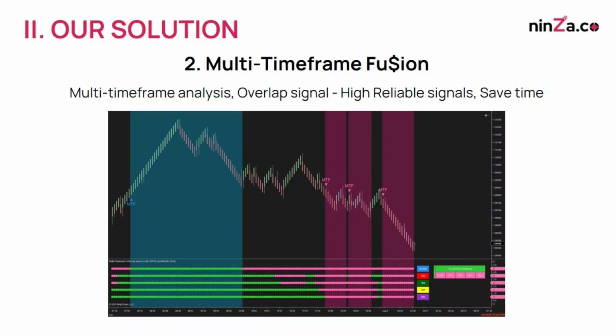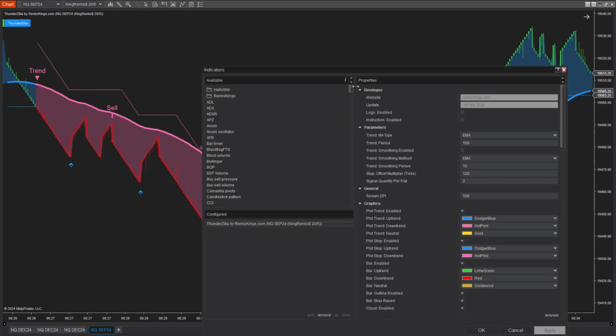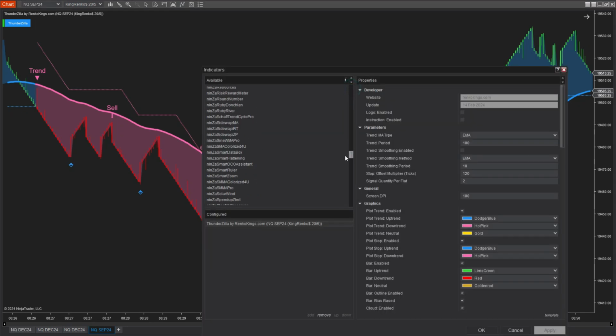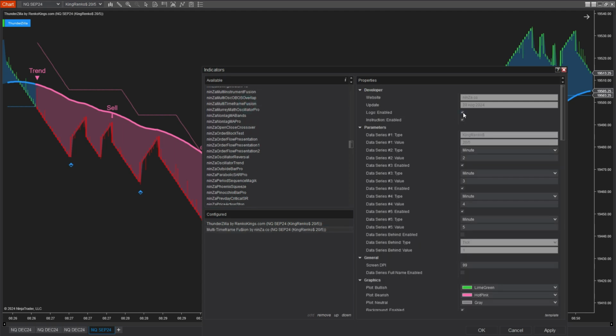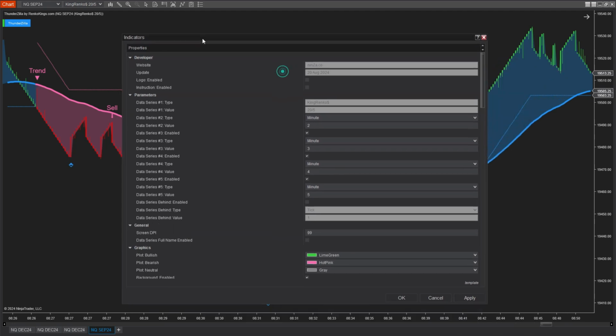Now, understanding the need for reliable signal confirmation, we've developed the Multi-timeframe Fusion indicator. This tool makes it easier for you to spot trading signals across multiple time frames, all without having to constantly switch between charts. Instead of juggling between time frames manually, this indicator does the work for you, analyzing everything in one place.